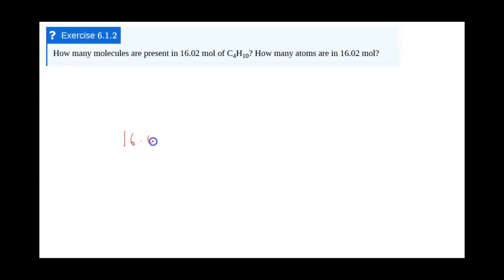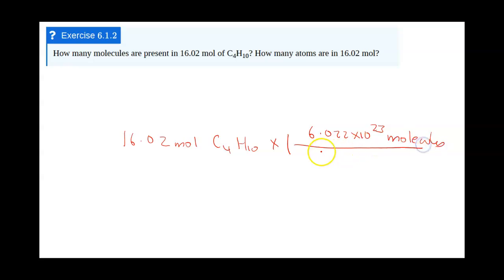So 6.02 mole of C4H10, and what I know is that there's Avogadro's number of molecules in every 1 mole of C4H10. So I've just got to multiply 6.02 by Avogadro's number. So grab my calculator and give that a go.